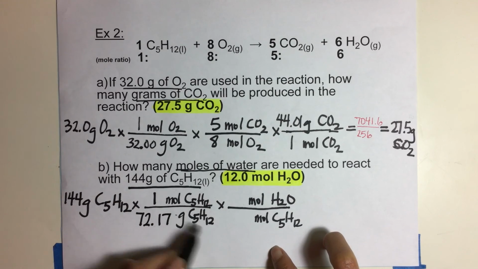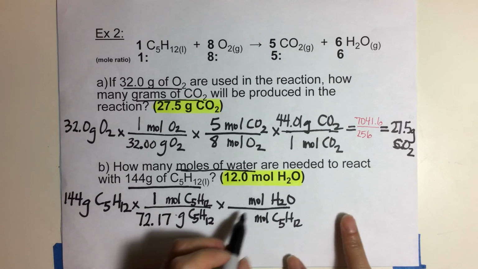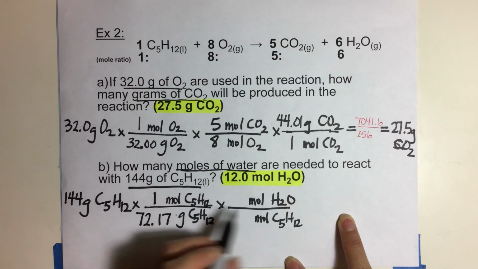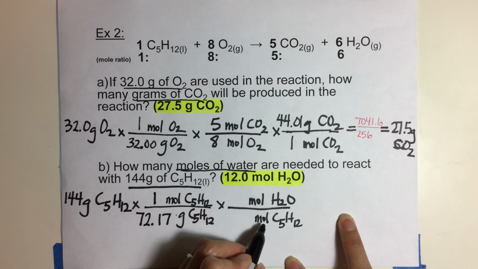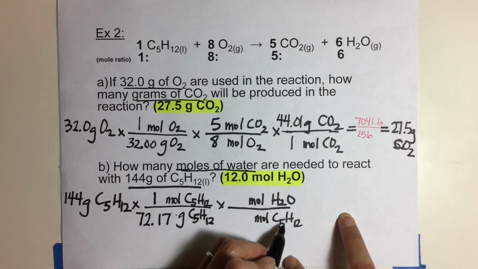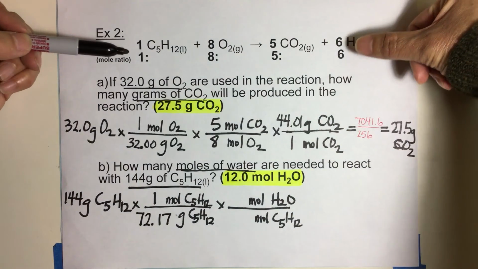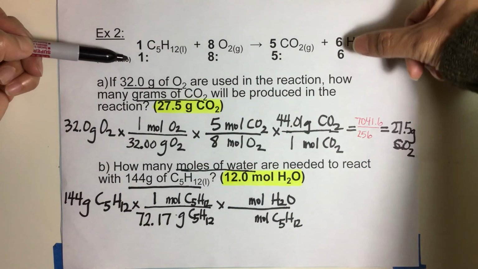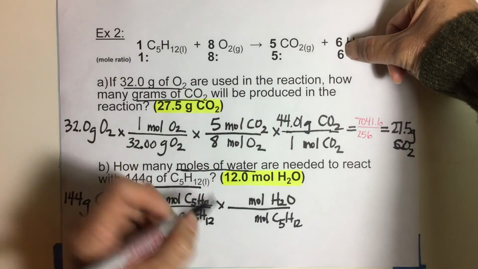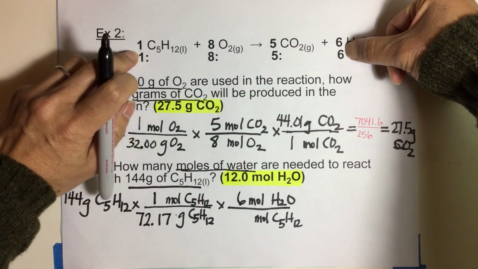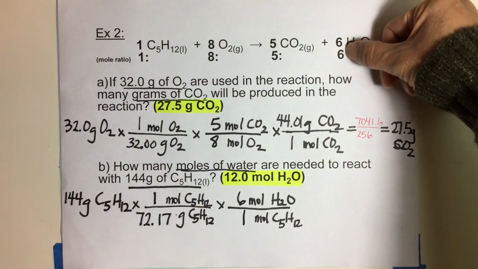And we found this from the periodic table. It's called molar mass. And then here you see a mole-to-mole ratio between two different substances. So we know to look at the balanced equation to look at the mole ratio between water, which is 6 moles, and pentane, which is 1 mole.